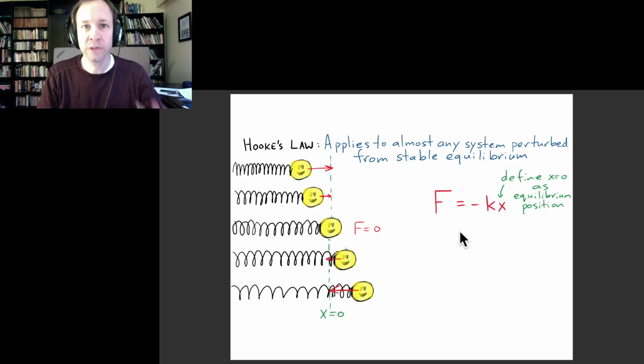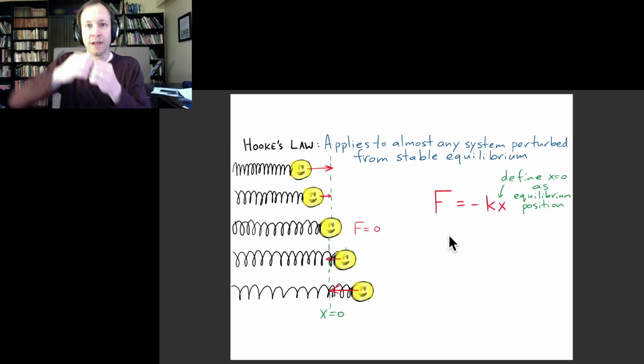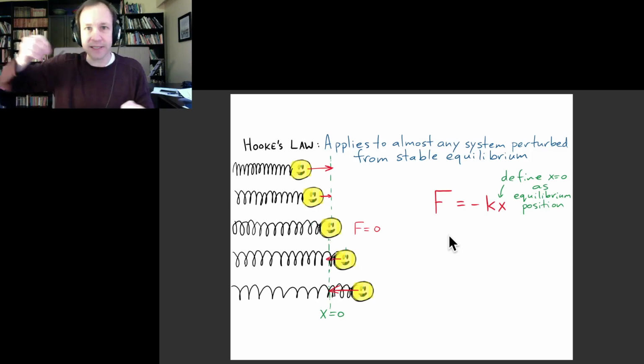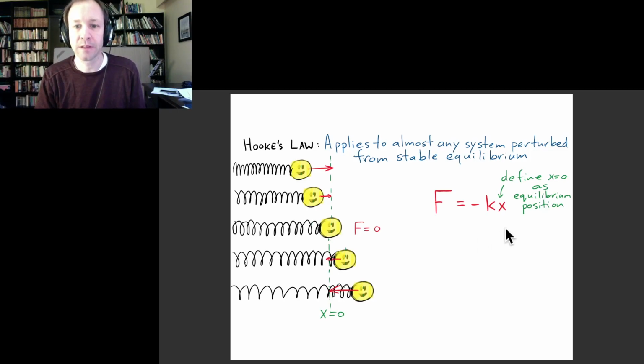So the rule is that the force is proportional to how much you stretch it or how much you displace the object. Let's have a look at this equation and understand where that shows up in the equation. So the equation says that the force on our object is equal to minus kx, where k is just a constant, just some number.